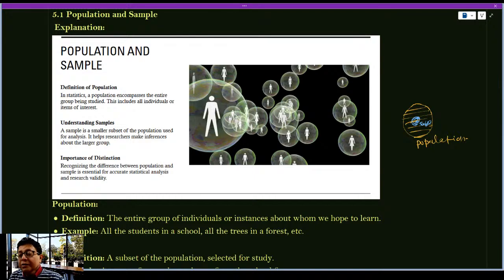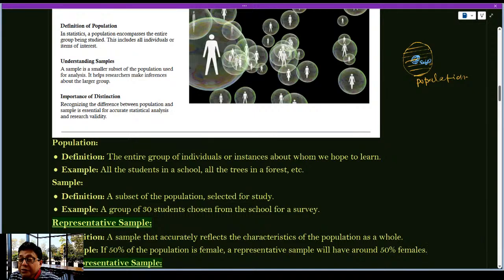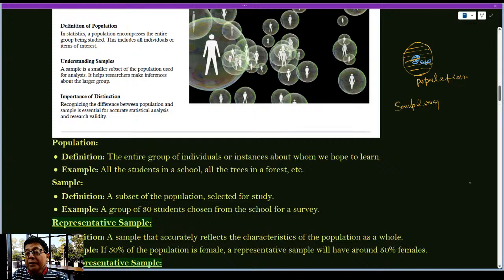Now there is another term that is called sampling. So population, sample and sampling. Population and sample you have understood. Sampling means, obviously, the method of selection of the sample is important over there.